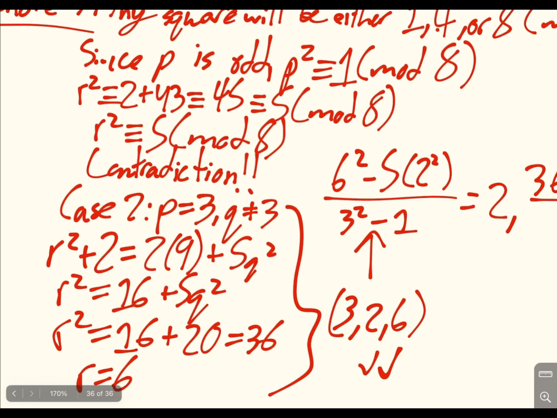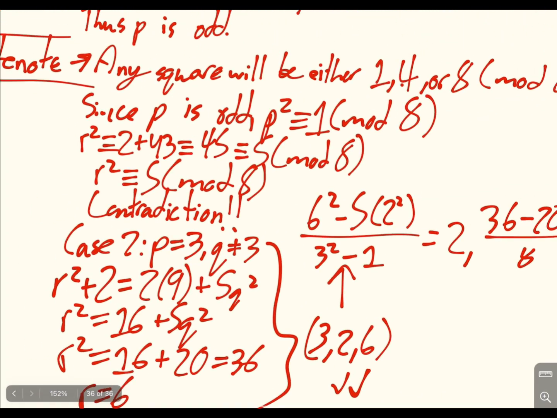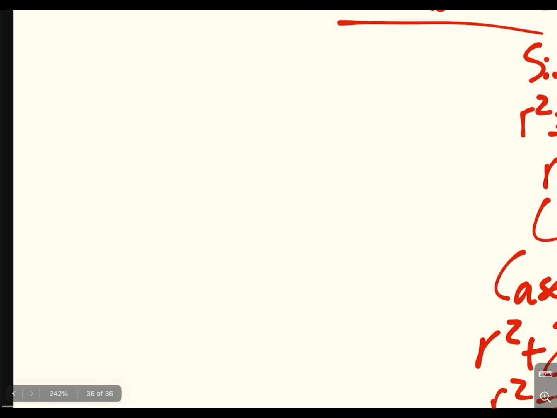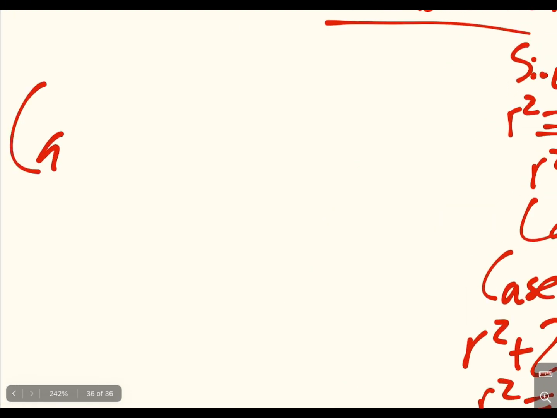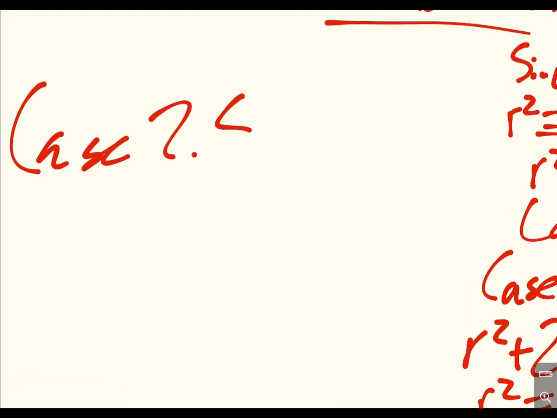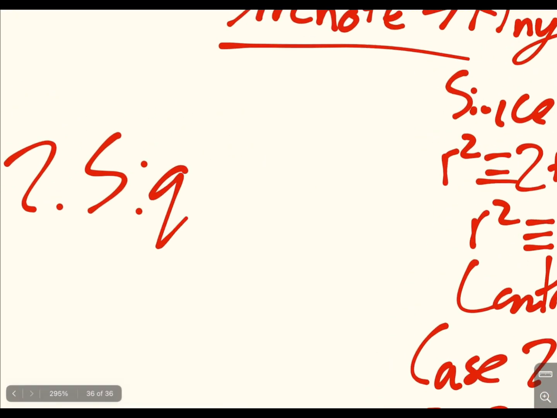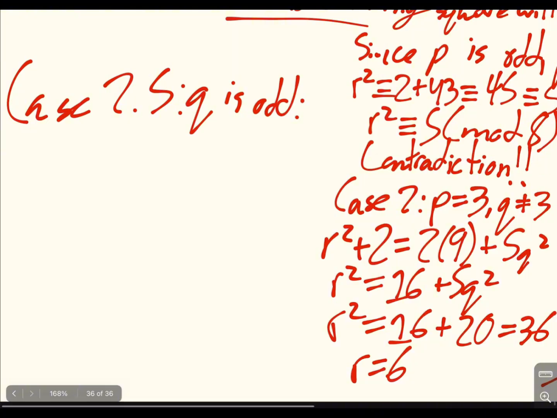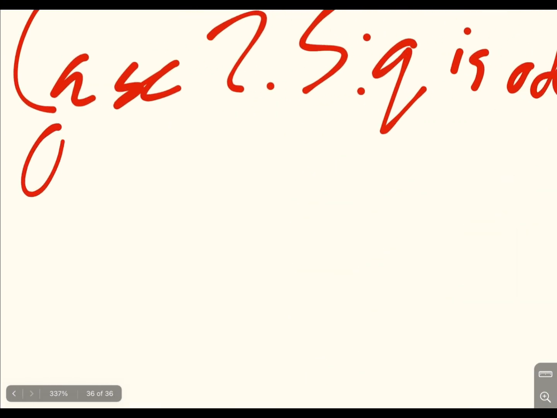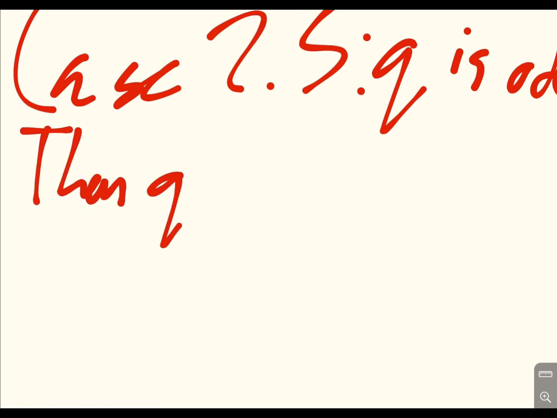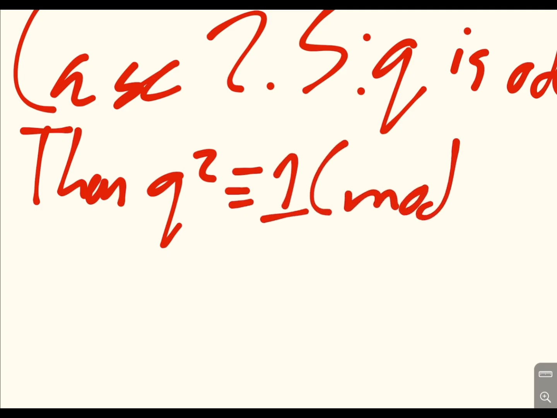And let's quickly check if q can be any odd number. So let's call this 2.5. Then let's just do the same thing we did last time. q squared is going to be equal to 1 mod 8.